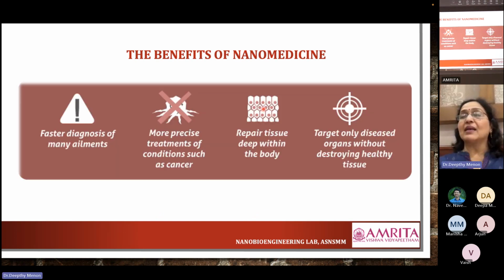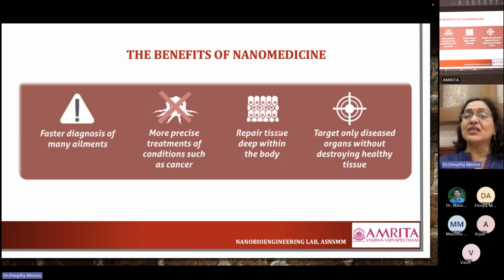You can see that in comparison to conventional medicine, we can have a very fast diagnosis of various ailments. And the biggest advantage with nanomedicine is its precision. You can actually give precise treatments to the diseased cell alone, sparing the normal cells.